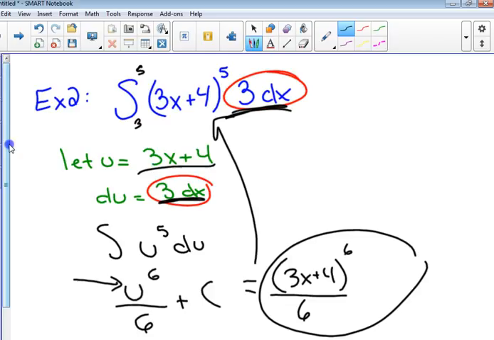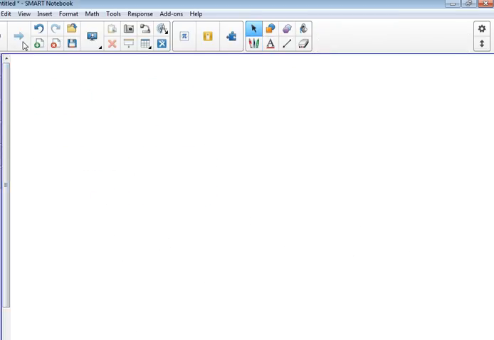This would just be a different function, something much more typical of what you guys were dealing with before, maybe lines or polynomials, a really tougher kind of thing. Okay, let me show you guys one that we would need a correction for.